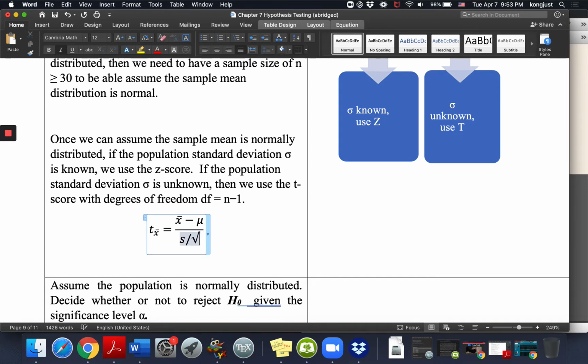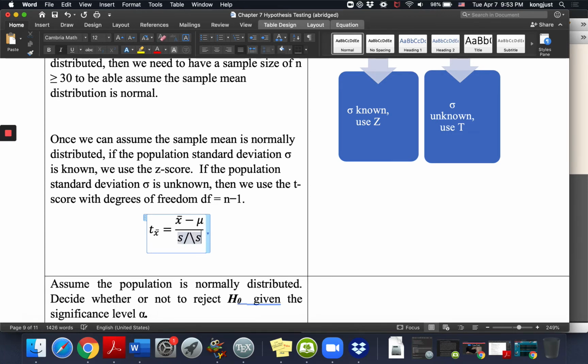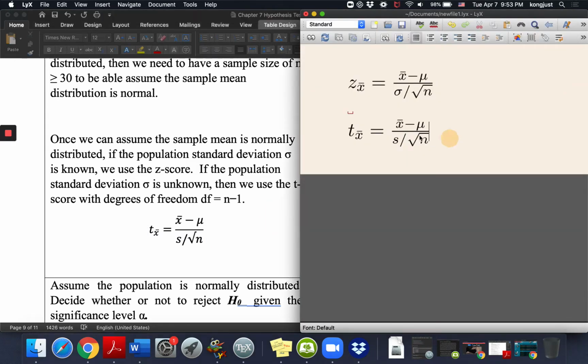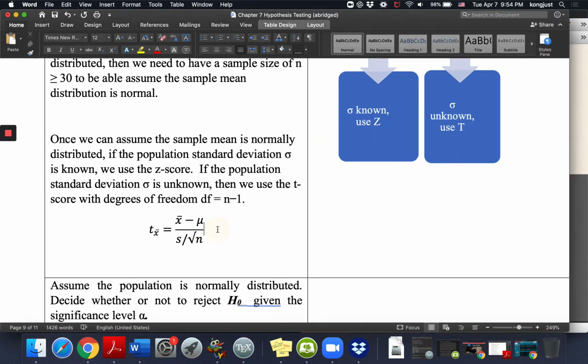This square root doesn't look right. I don't know how to make it look right. It's the square root of n. But this is the one here, I just recopied this same equation. So you should make a note of this. That's how we calculate the t-score.